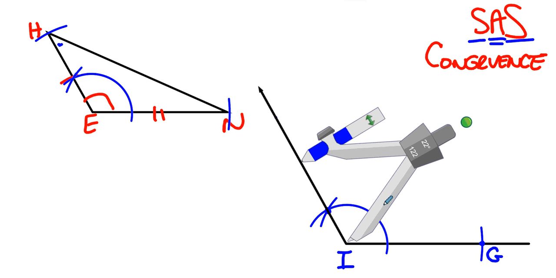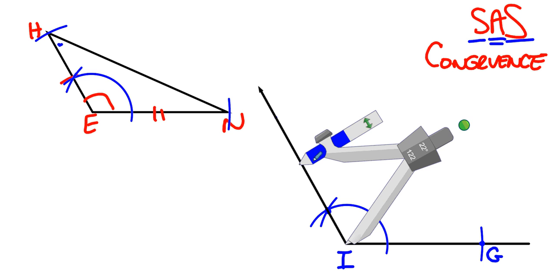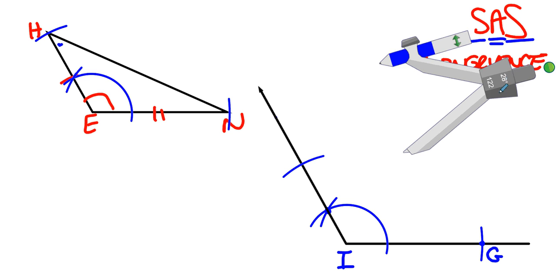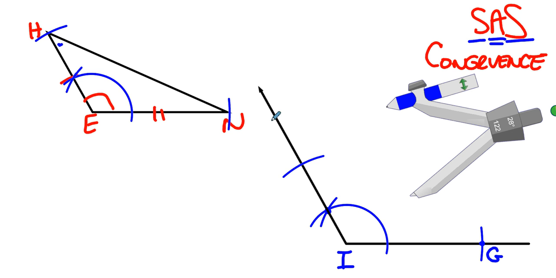So we come over here. That's where our third point is. Our third point has to be on this special ray, and it has to be at a certain distance from the image of E, and so that's P, and we have triangle PIG that is congruent to triangle HEN.